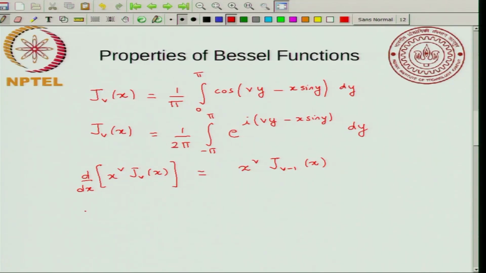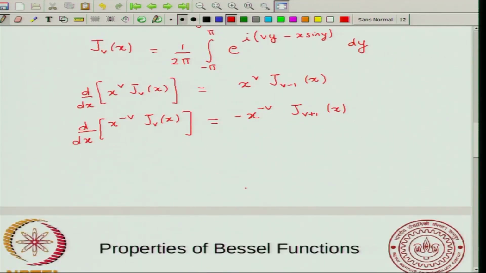On the other hand, if I take a derivative of x raised to minus v Jv of x, then I get minus x raised to minus v J(v plus 1) of x. So these are again interesting properties regarding derivatives of x raised to v times a Bessel function.